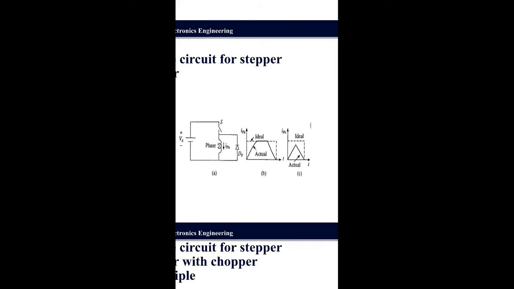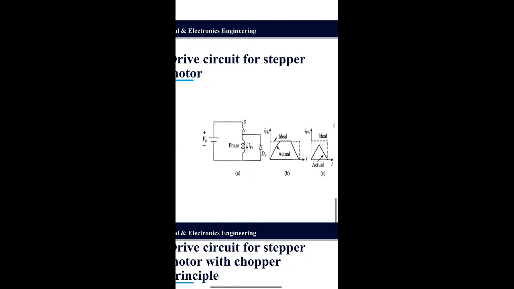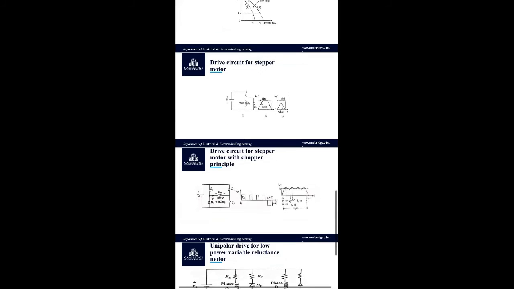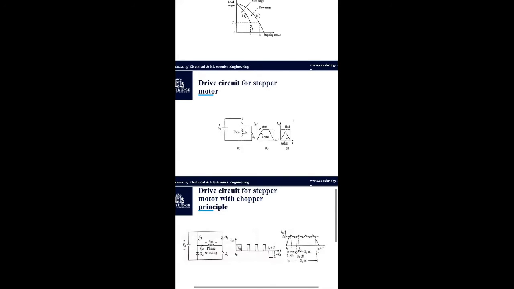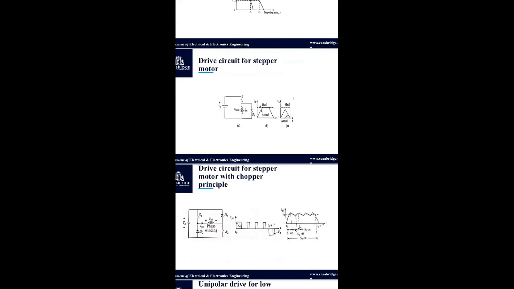In drive circuits, we have unipolar drive and bipolar drive. Unipolar variable reluctance motor with chopper circuit: it has some drawback in unipolar variable reluctance motor due to the presence of the external resistance RE.